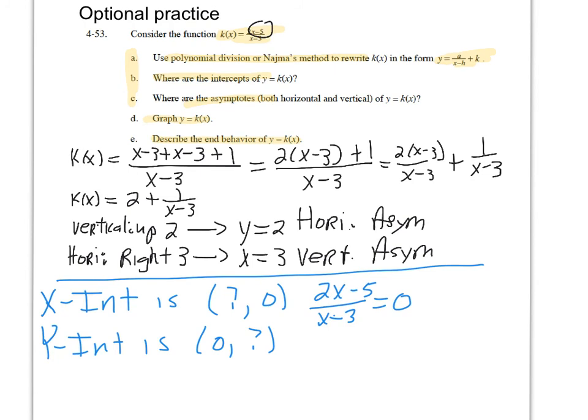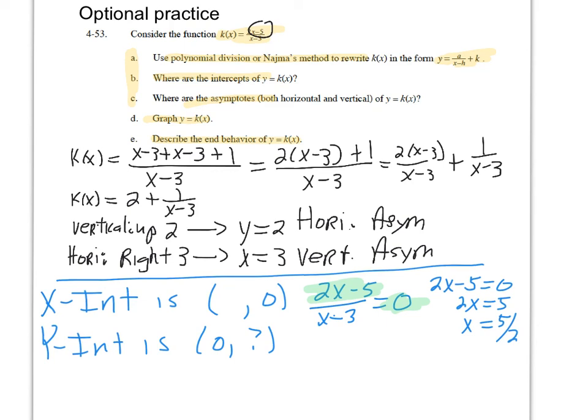That only occurs when the numerator equals 0. So 2x minus 5 equals 0. Add 5 to both sides, divide by 2, and x comes out to be 5/2.